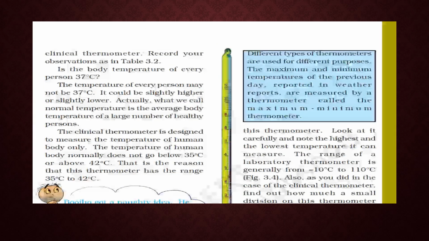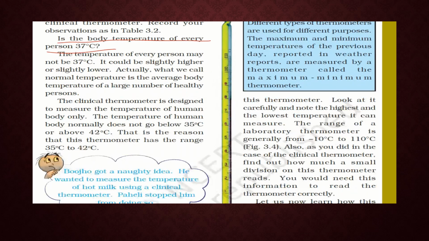Now keep this table. Is the body temperature of every person 37 degrees centigrade? No, it's variable. It could be slightly higher or slightly lower. What we call normal temperature is the average body temperature of a large number of healthy persons.